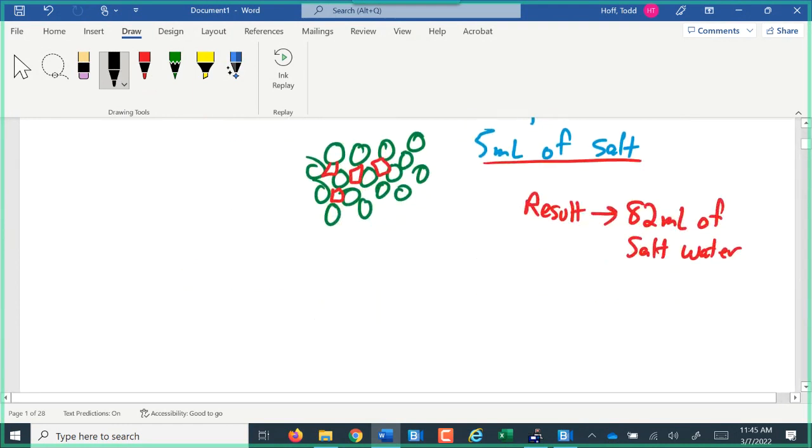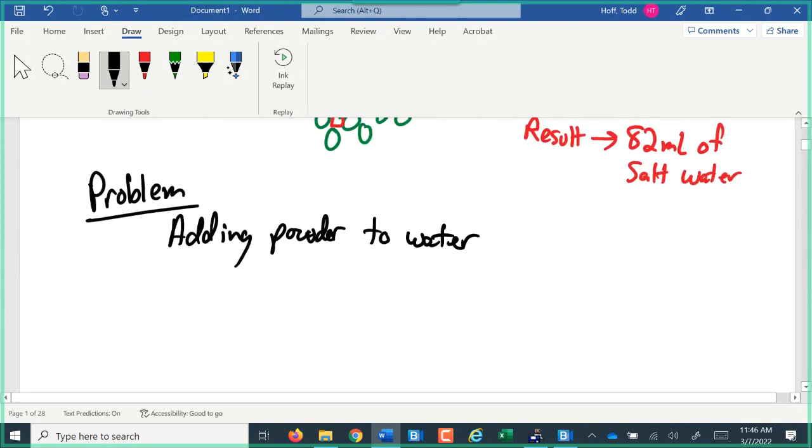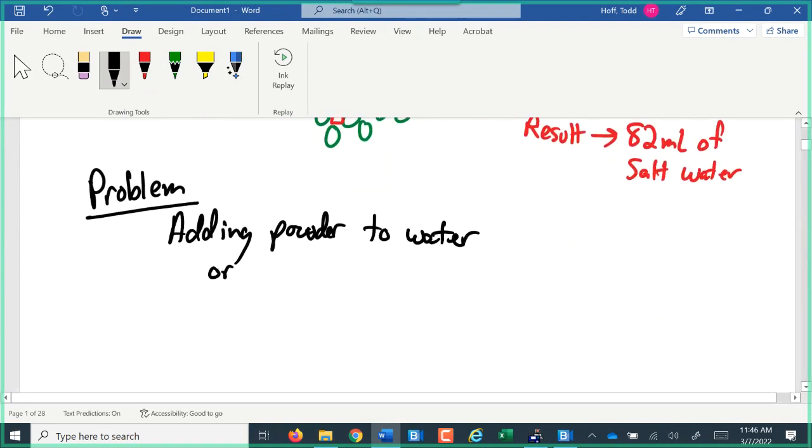And of course, volume is a problem for adding a powder, so like salt or sugar or any sort of powdered medication going into water, that volume will not be additive.